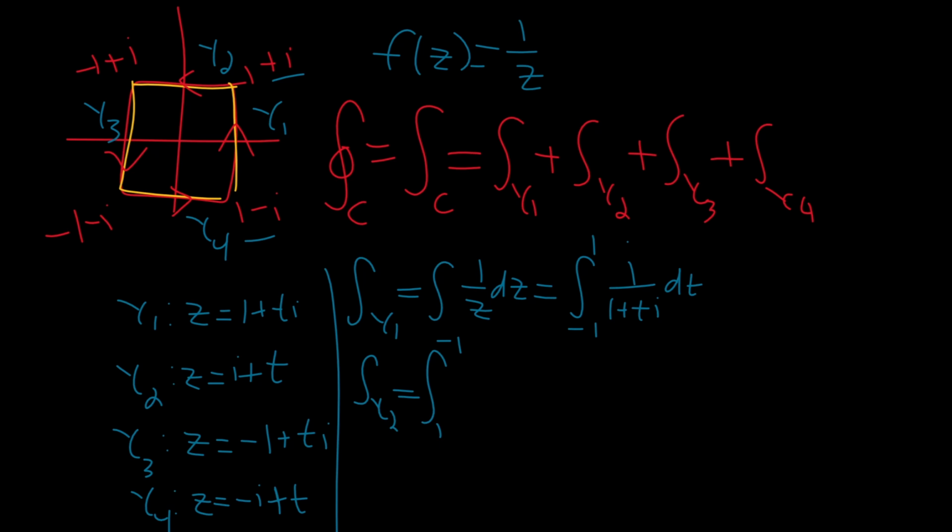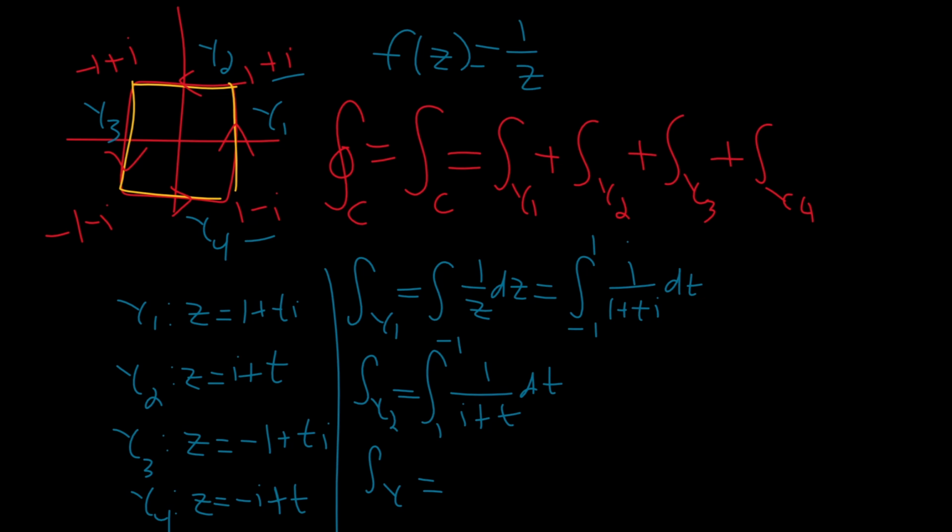There are a couple of cases in complex analysis where you don't go counterclockwise. I actually did a video where I did that. You get the same result, more or less, I believe. But anyway, that's for later. So the integral from 1 to negative 1 of 1 over z, but our z in this case is i plus t. And then the numerator, we're just going to have a good old 1 dt.